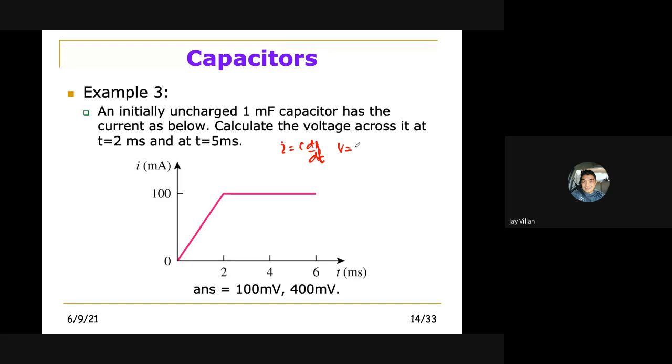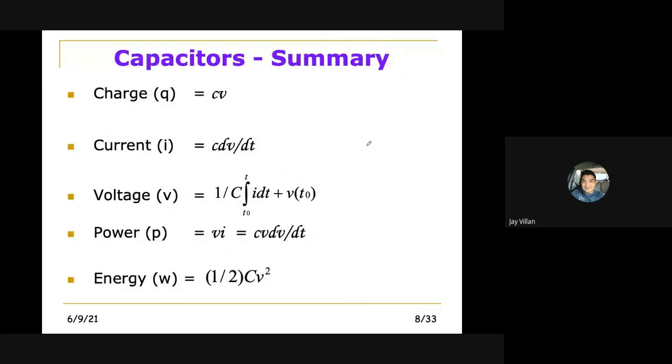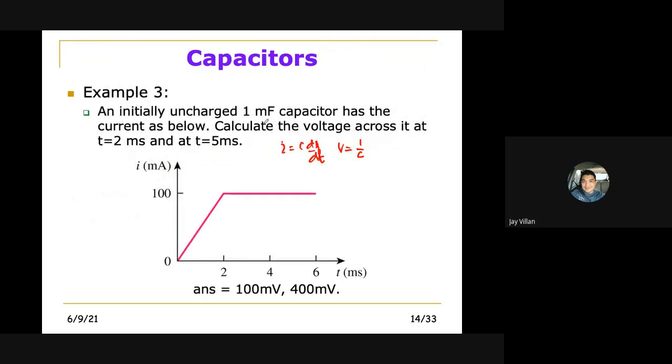What is the formula for voltage? 1 over C, integral of I dt from 0 to t plus v at 0.